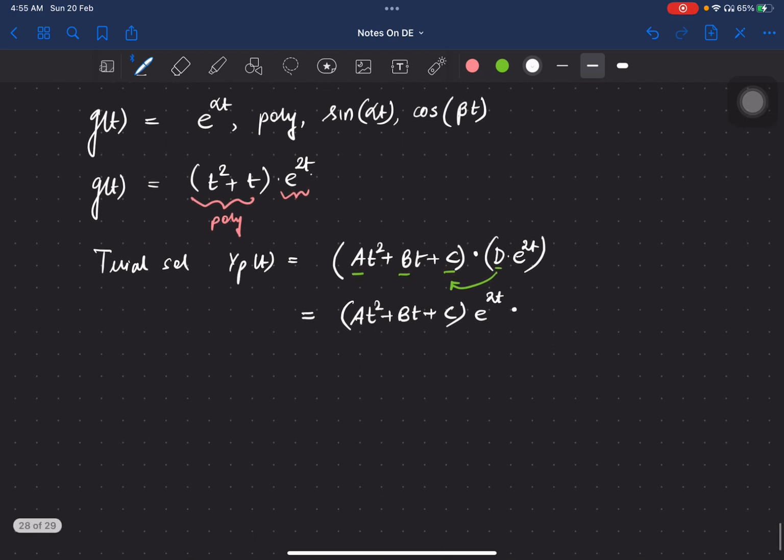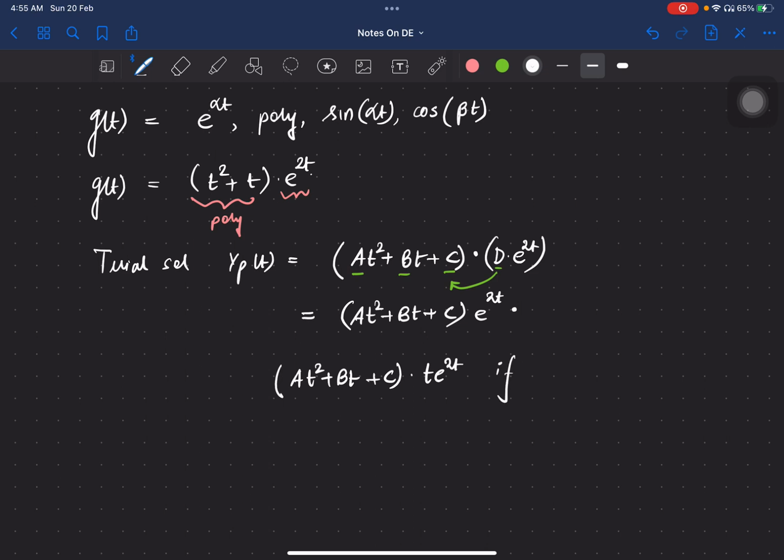Now, similarly, if suppose e power 2t was already a part of the complementary solution with multiplicity once, then you have to take a t square plus b t plus c into t e power 2t.